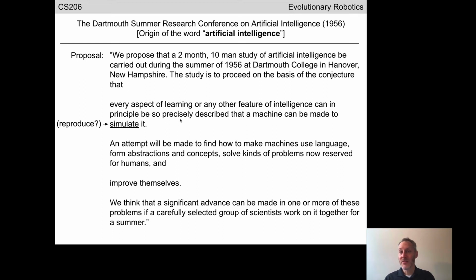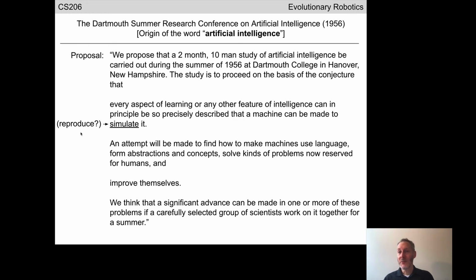These faculty members at the time believed that you could precisely describe every aspect of learning and every other feature of intelligence. Obviously, as we know as computer scientists, if you can describe something in enough detail, you should be able to turn it into code, or in 1950s speak, create a machine that could be made to simulate those aspects of learning.